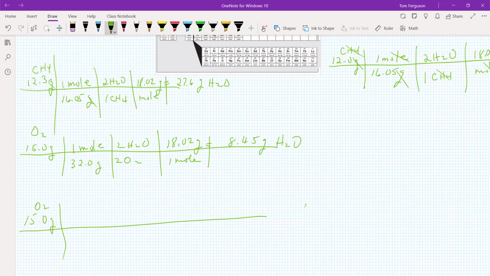So we're going to end up over here with grams of methane. Okay, so based on 15 grams of oxygen, how much methane are we going to use? That's what this calculation will tell us.